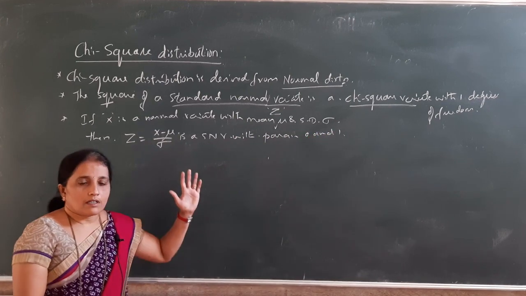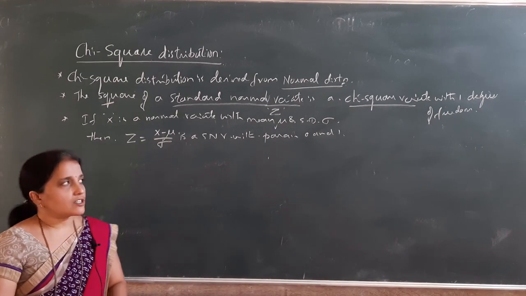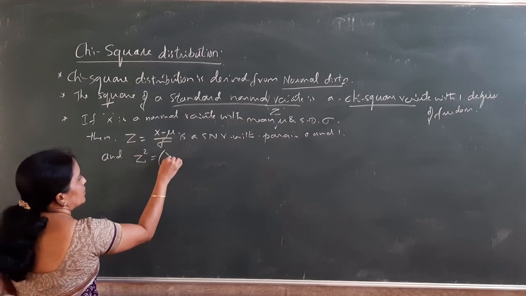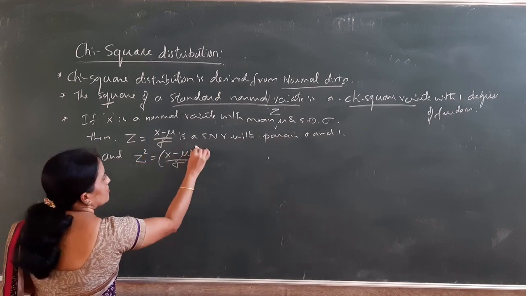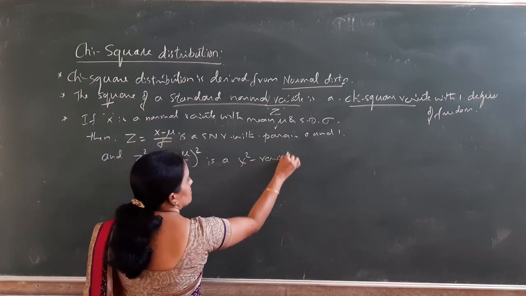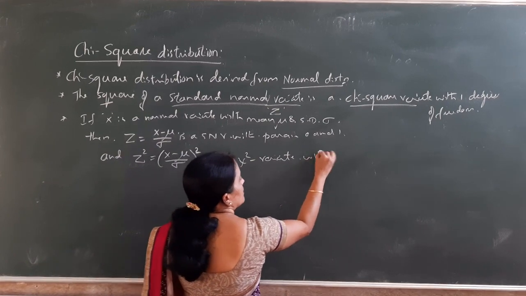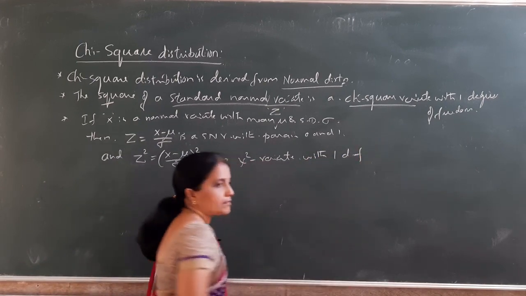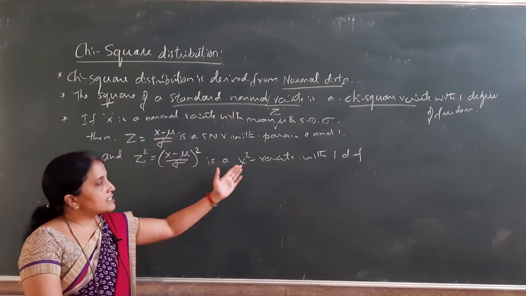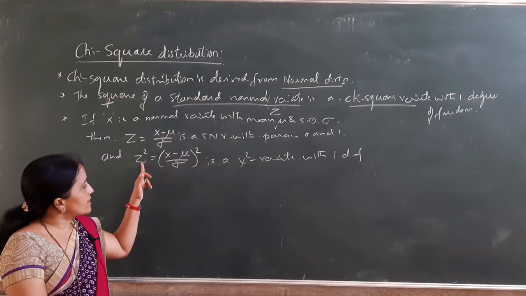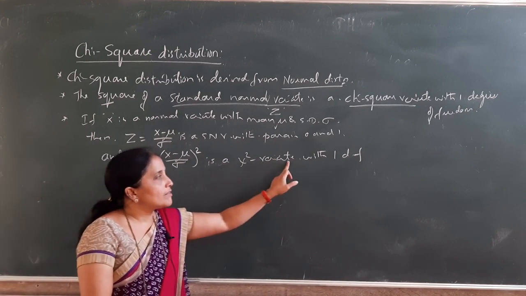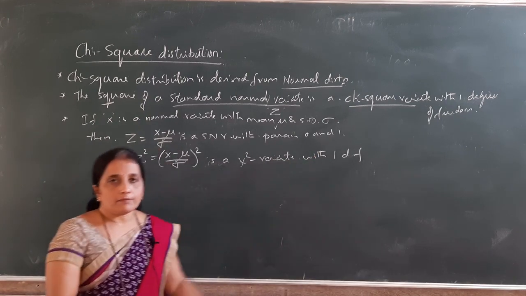You know this. This comes under standard normal distribution, and Z square equal to (X minus mu by sigma) whole square is a chi-square variate with 1 degree of freedom. This is a new concept we have to study now.